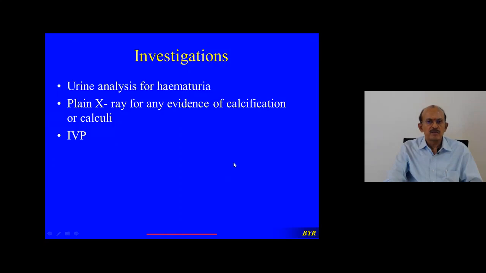intravenous pyelography. Intravenous pyelography is one of the commonly done investigations for the majority of urinary tract diseases. I repeat again, it is one of the commonly done procedures. It is an investigation which tells you about the anatomy and physiology of the renal tract: how the urine is being excreted, whether normally, delayed or impaired, and the structure and anatomy can be evaluated.